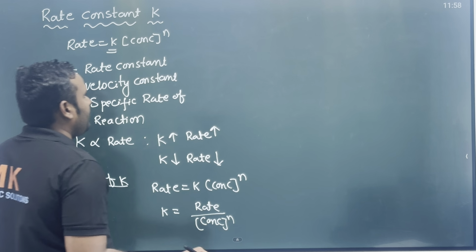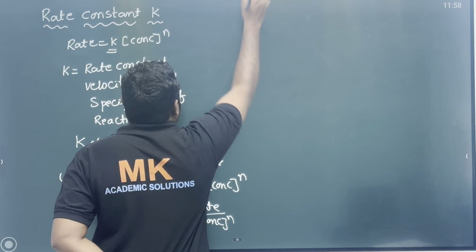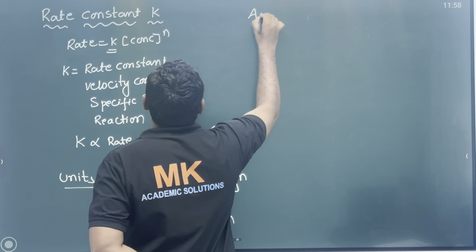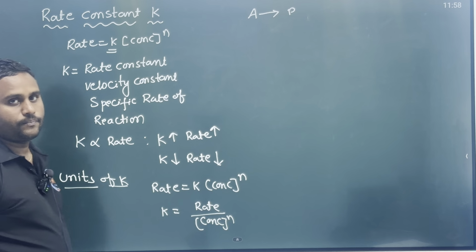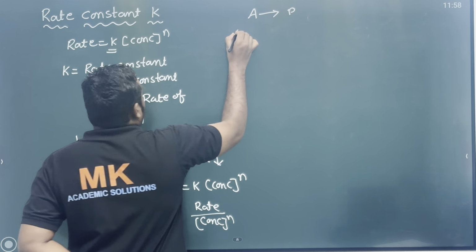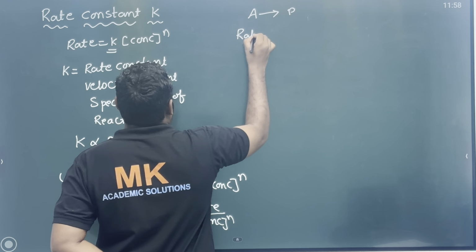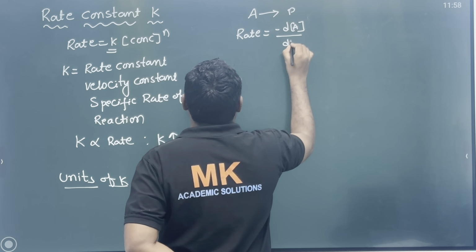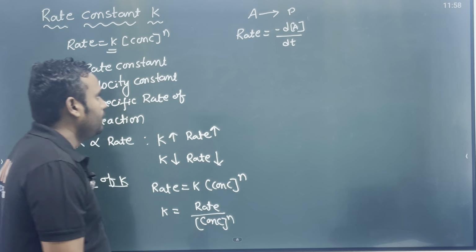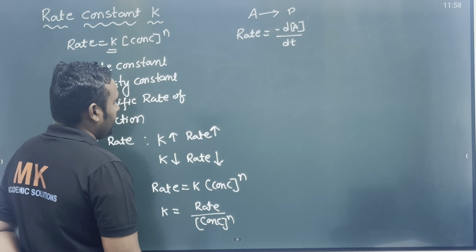So here, what is the rate? See, for example, here we are going to take A gives rise to product. So here what is the rate? Rate is equal to minus dA by dt.